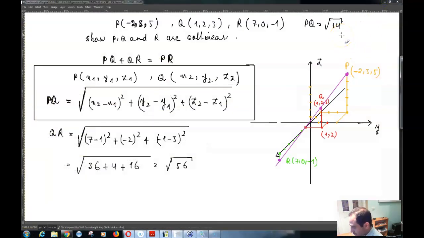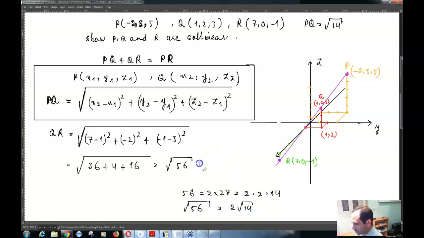So basically 56 is the same thing as 2 times 28, which is equal to 2 times 2 times 14. So then square root of 56 would be equal to 2 square root of 14. So then QR would be equal to 2 square root of 14.